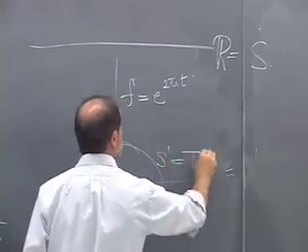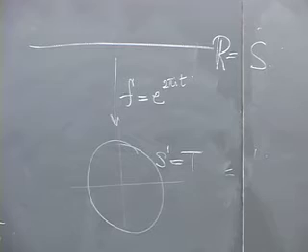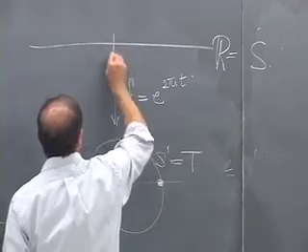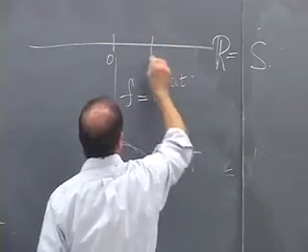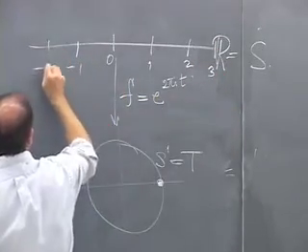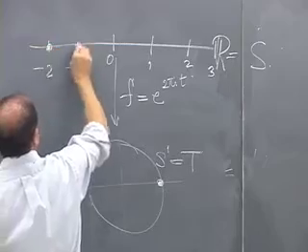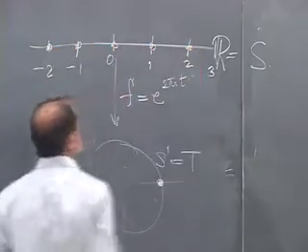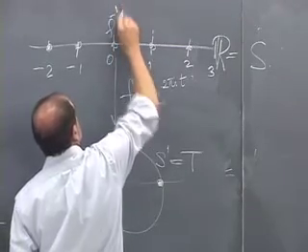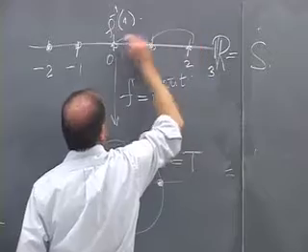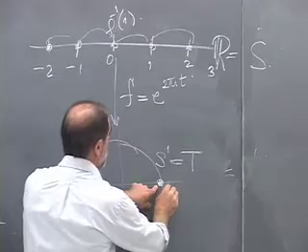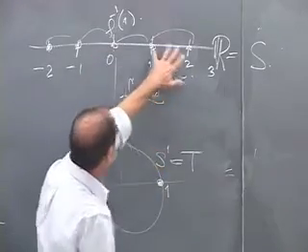That's the set T. And the fibers of that map, if you look at all the points mapping to 1, are the points 0, 1, 2, 3, minus 1. Namely, any integer. This collection of integers is f inverse of 1. So that would be the fiber over the point 1 in the circle. All things mapping to 1 would be that collection.